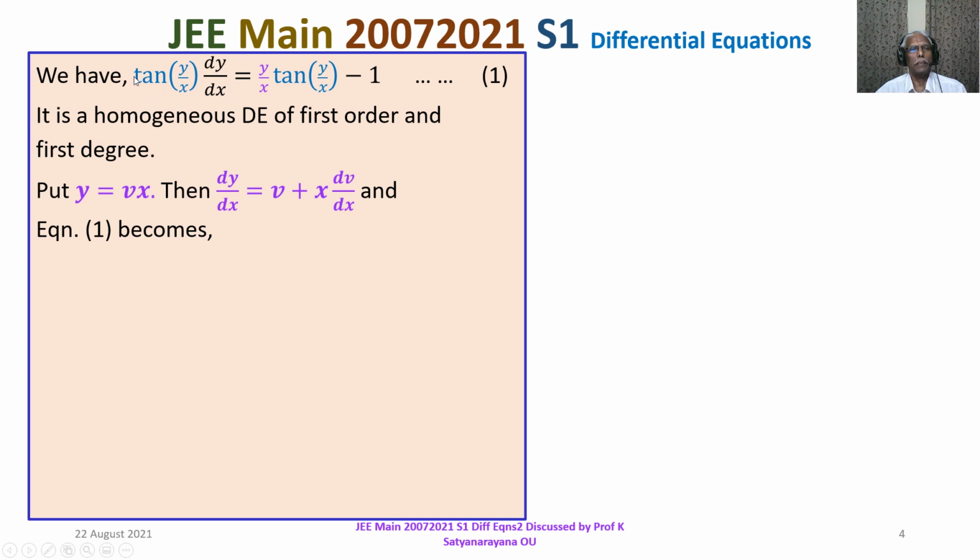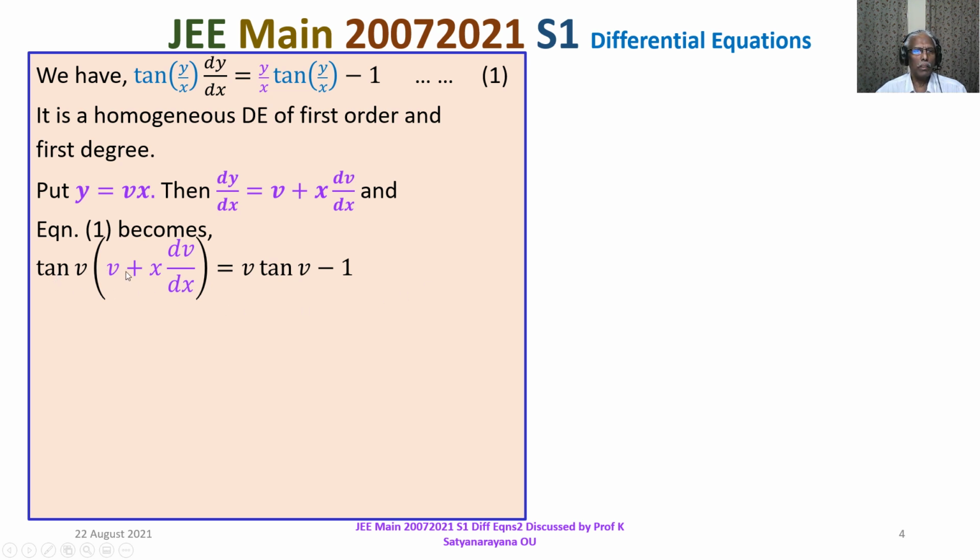tan y by x will be tan v into dy by dx is v plus x dv by dx is equal to v tan v minus 1. Tan v multiplied by v plus x dv by dx is equal to v tan v minus 1.